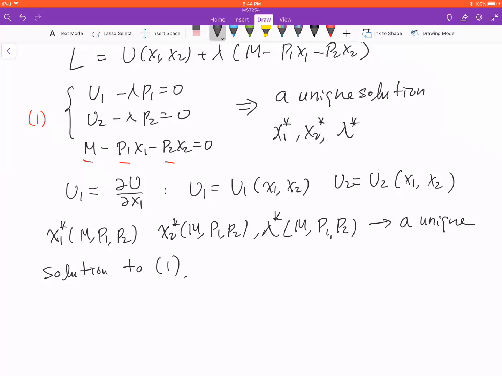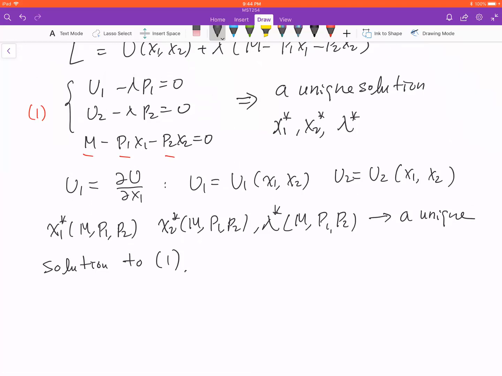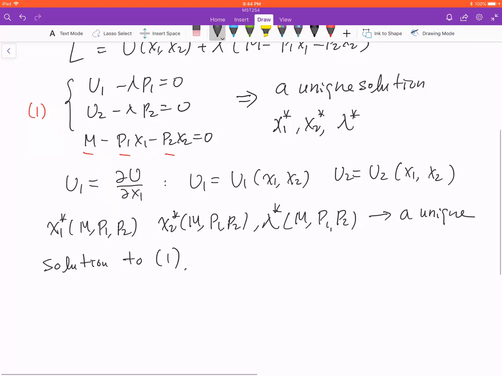Okay. So now we wish to show lambda star is homogeneous of degree -1, and x1, x2 are homogeneous of degree 0. Because of the special form of the first two equations, we can eliminate lambda.